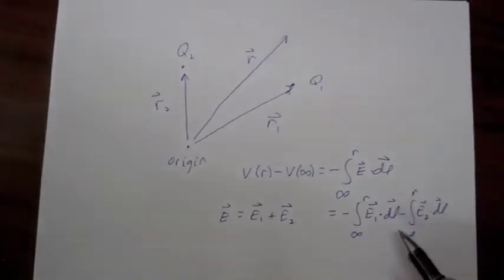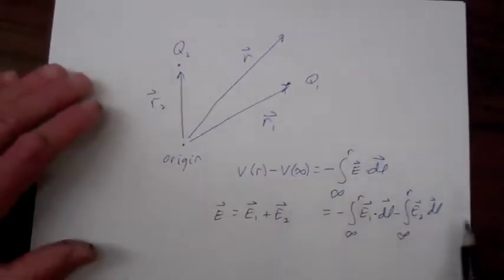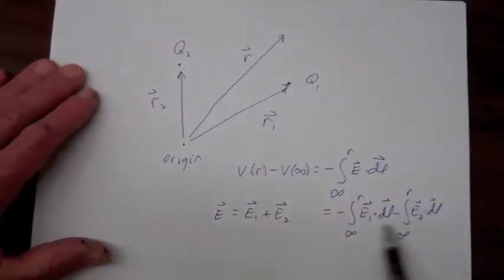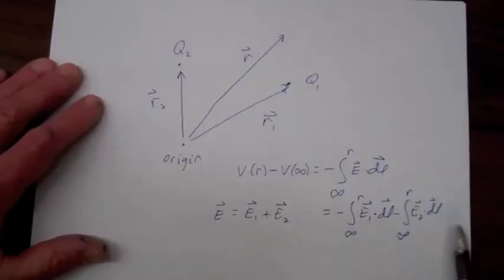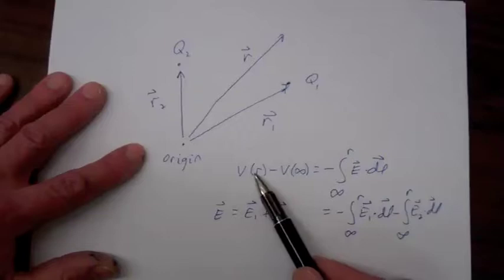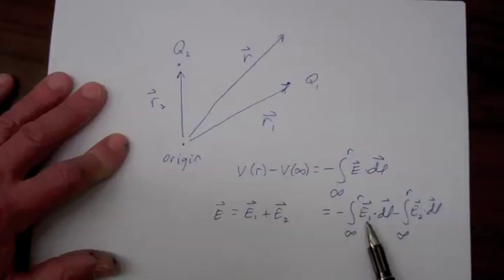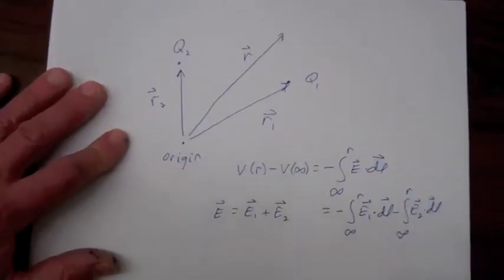Because superposition holds in determining the electric field from multiple point charges, it will also hold for determining the potentials. So the potential difference between location R and infinity is the sum of the potential difference because of charge Q1 plus the potential difference due to charge Q2.